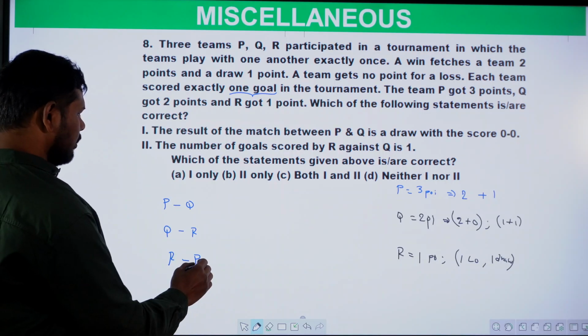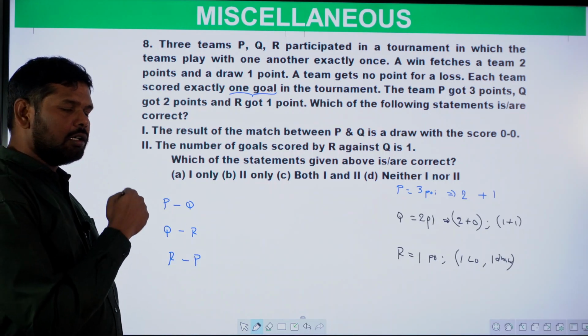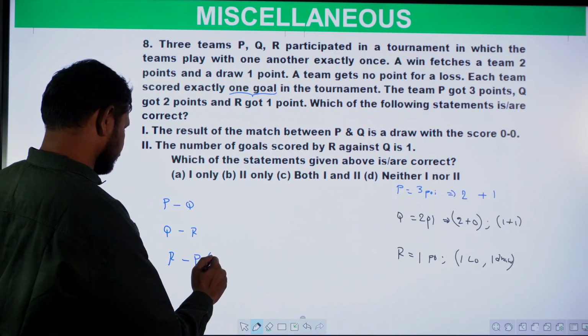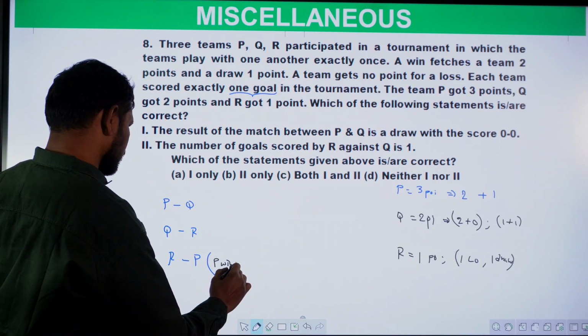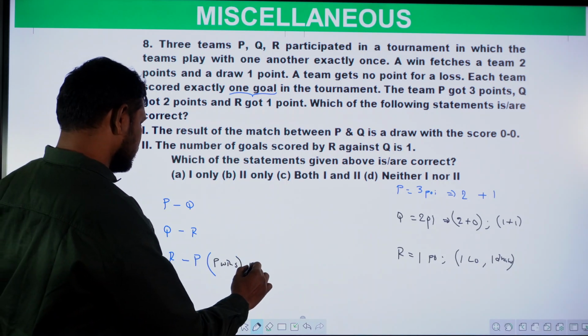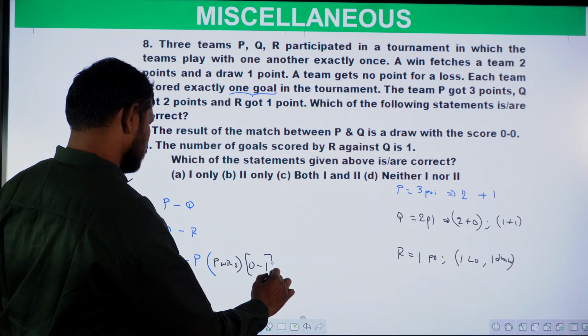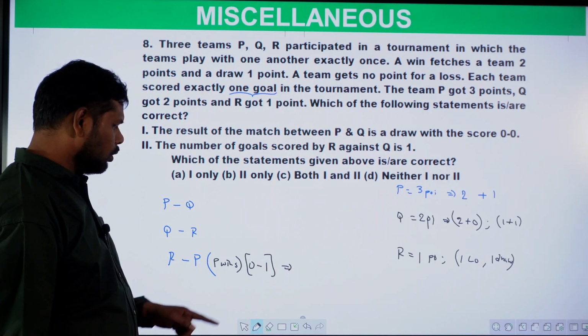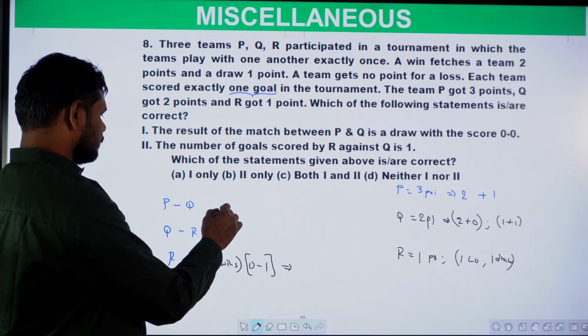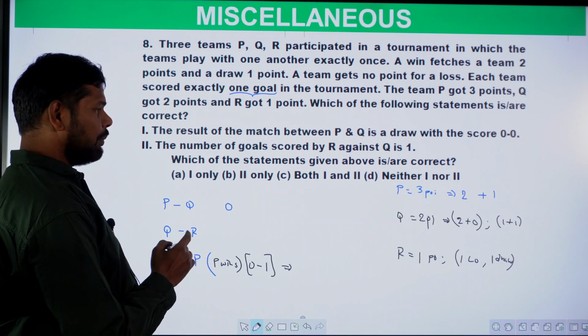Suppose here P wins. P wins means definitely P scores more goals than R, which has 0-1 goals. Yes, clear. So P's goal is completed here. But P never loses.